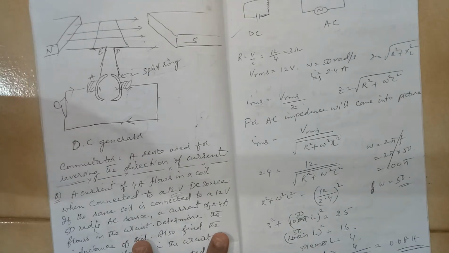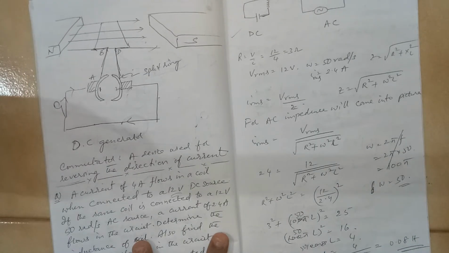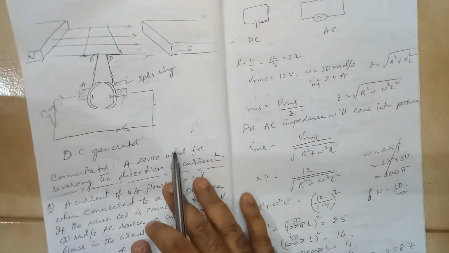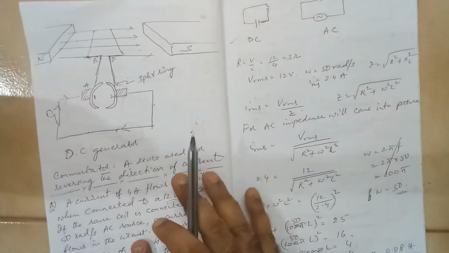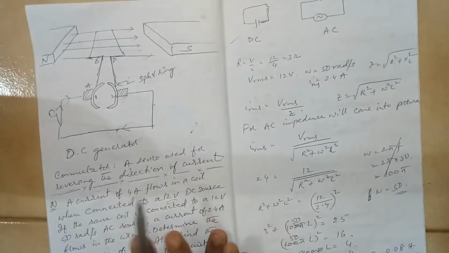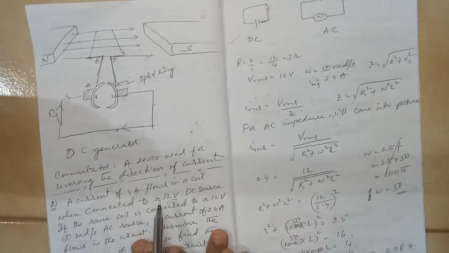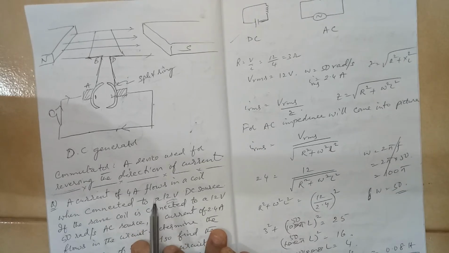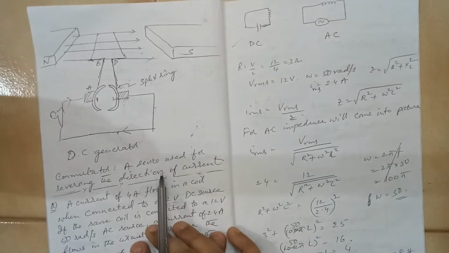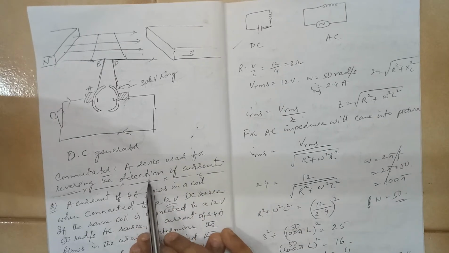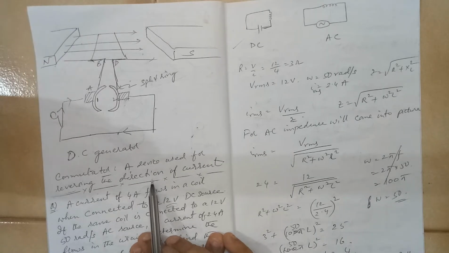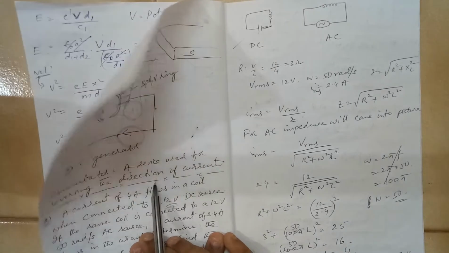Now when you connect this in an AC format, this XL, XC will come only in AC, they will not come in DC. In an ideal situation you will say that the wire offers no resistance, but in real conditions the coil will be offering some resistance, right?